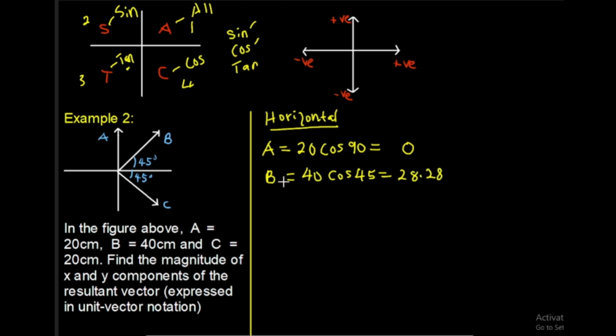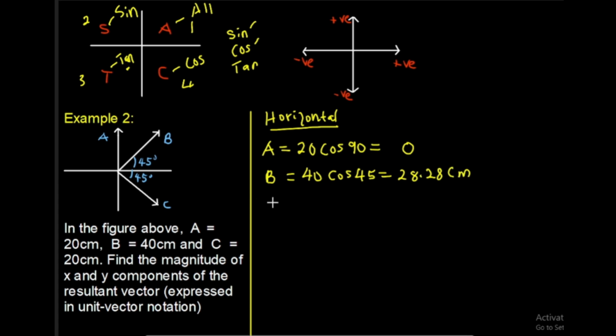But before we continue, remember this quadrant is our first quadrant. Let's see if vector B was supposed to be a positive or negative vector. It's our first quadrant and all are positive. We are using cos here, so it simply means this is going to be positive. That's why we did not bother to put any sign. If it's to be negative, you must add the sign. So we have 28.28 cm.